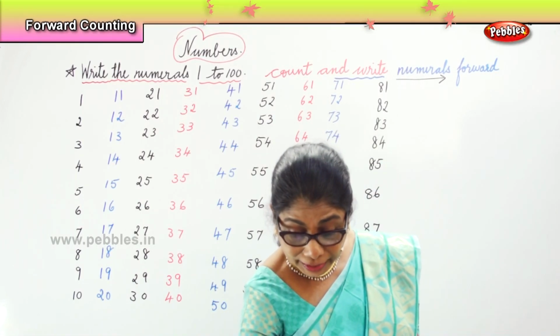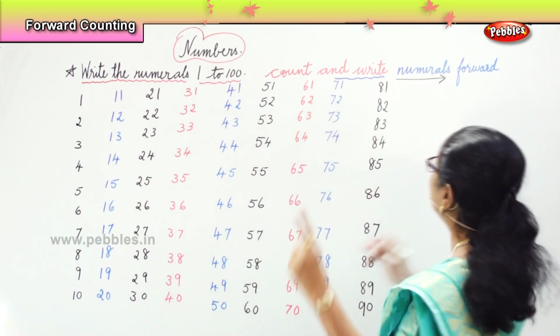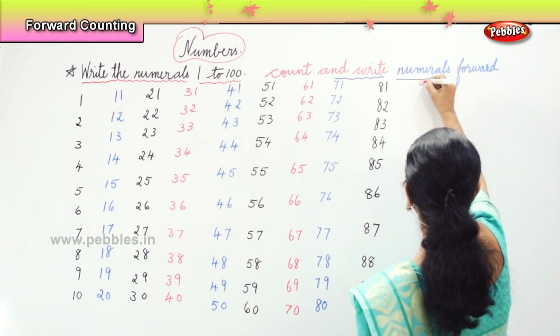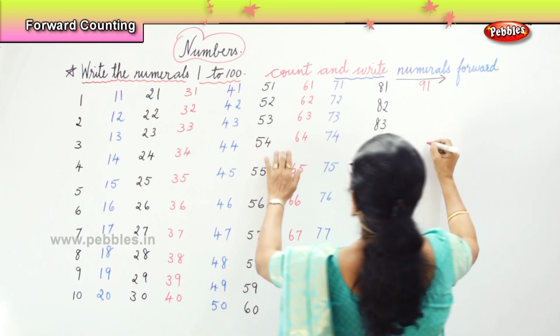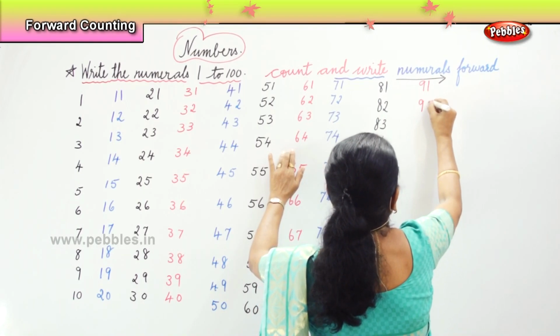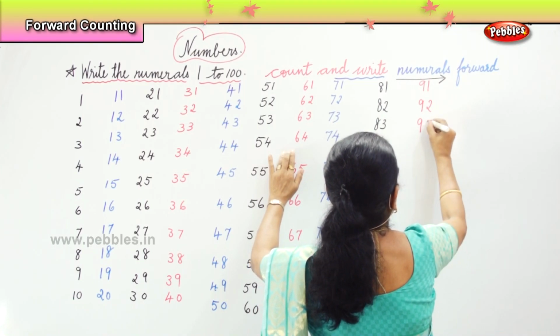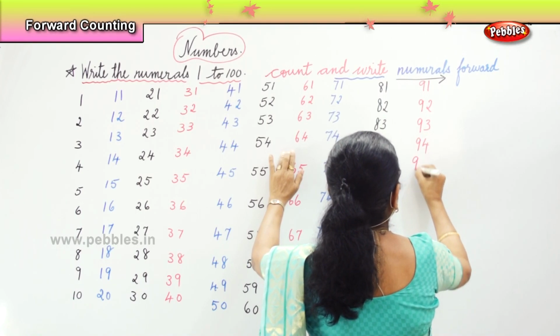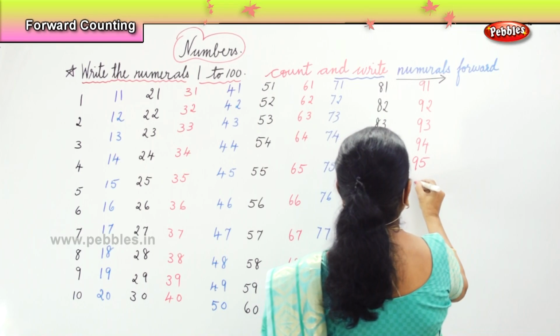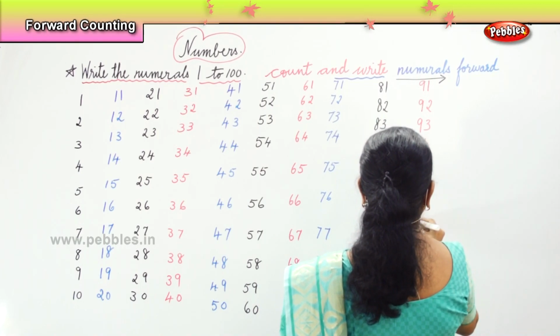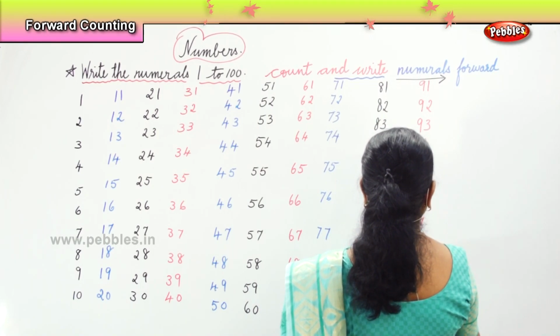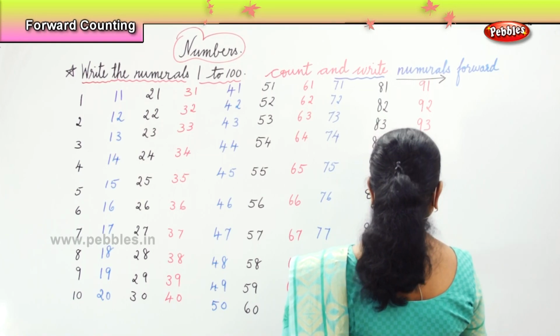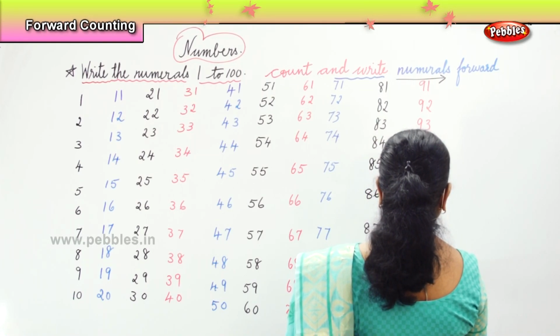Now finally, add on one more. 91, 92, 93, 94, 95, 96, 97, 98, 99.